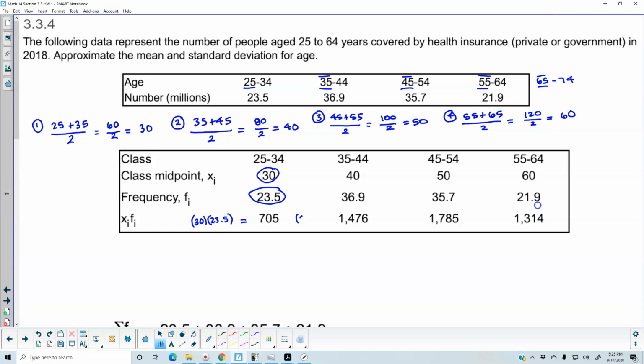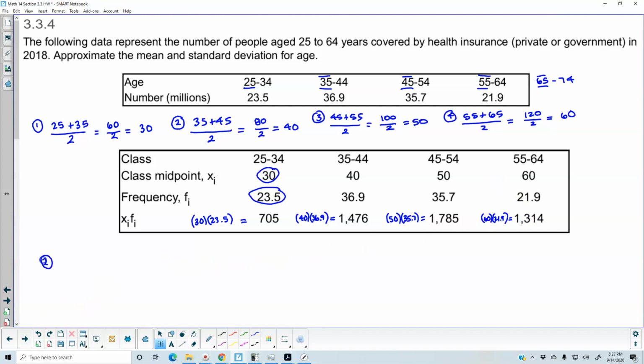Then we take 40, multiply that by 36.9 to get 1,476. Over here, we take 50 and multiply that by 35.7 to get 1,785. And the last one, we take 60, multiply it by 21.9 to get 1,314.